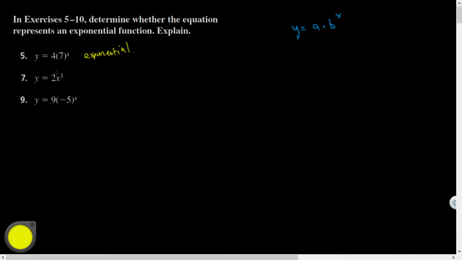This next one, what are our thoughts on question 7? Well, the x is not in the exponent, but an exponent exists. This is actually not exponential, because there's no variable in the exponent.